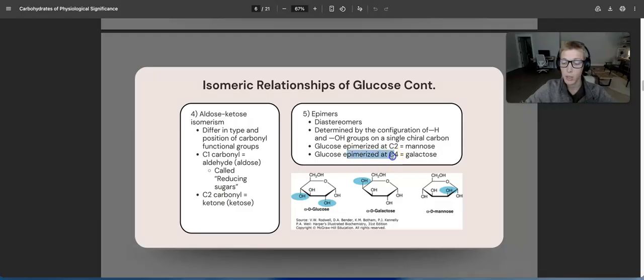Similarly, glucose epimerized at carbon 4 yields galactose. So in alpha-D-glucose, the hydroxyl group at carbon number 4 is pointing below the ring, and at carbon number 4 of galactose, it's pointing above the ring.